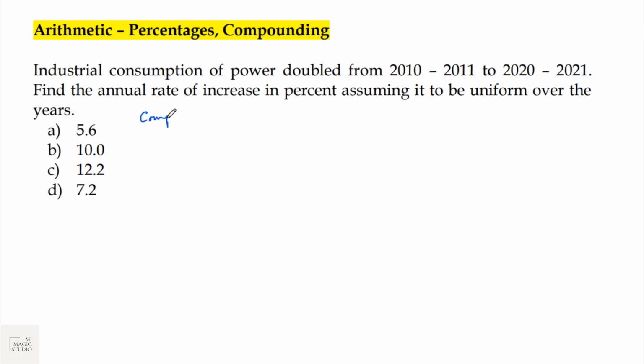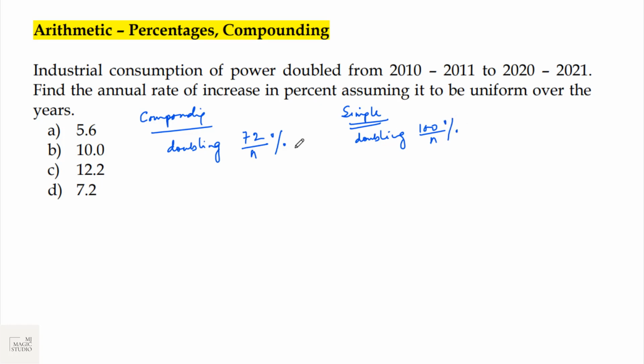In case of compounding, things double up in 72 by number of years percentage. In case of simple interest, simple growth, if it doubles up in n years, the rate would be 100 by n percentage.